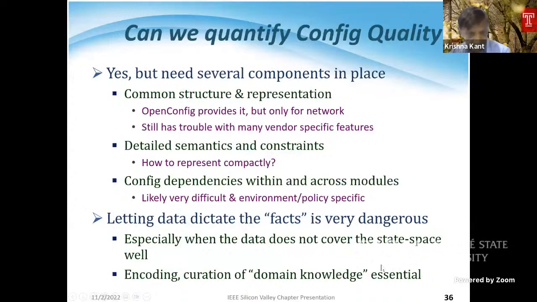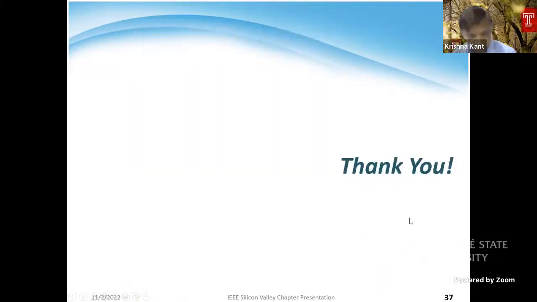And in fact, by making use of domain knowledge, now there are problems in terms of specifying the domain knowledge, in terms of curating the domain knowledge, and trying to identify discrepancies in domain knowledge. But if we can do that, then we can apply the domain knowledge, and we can do a far better job than just blindly using the data. And I think that's all I have. So thank you very much.